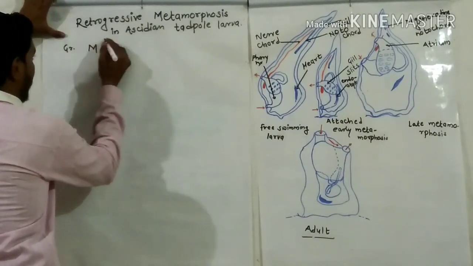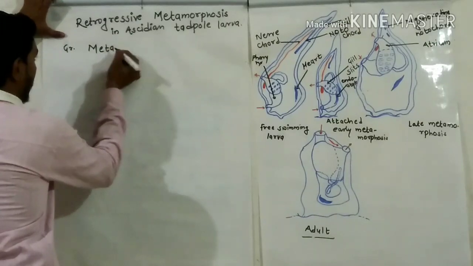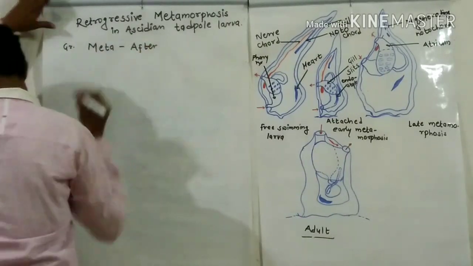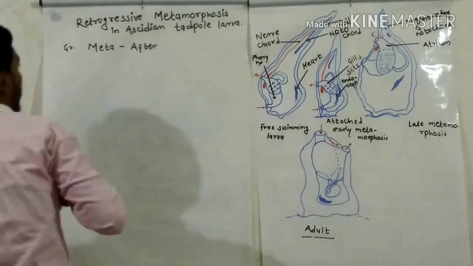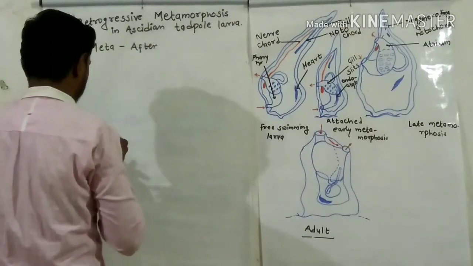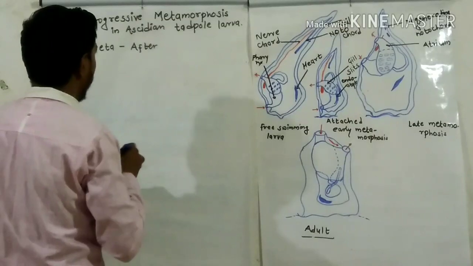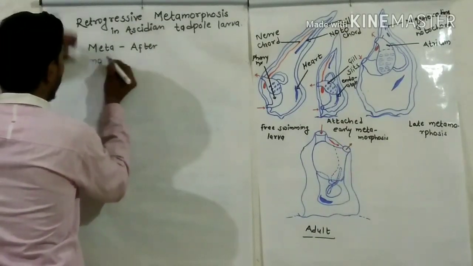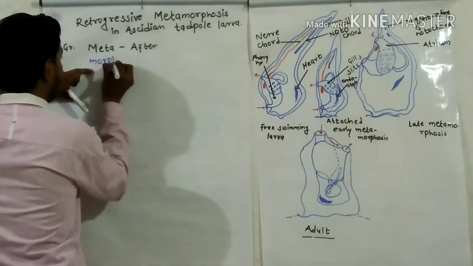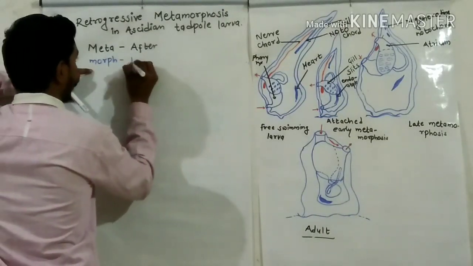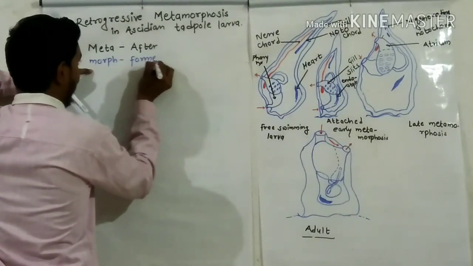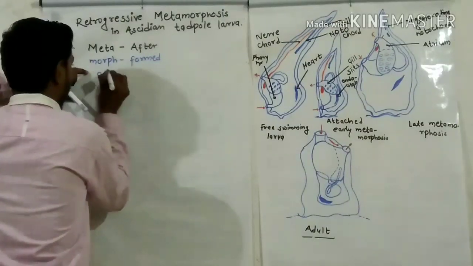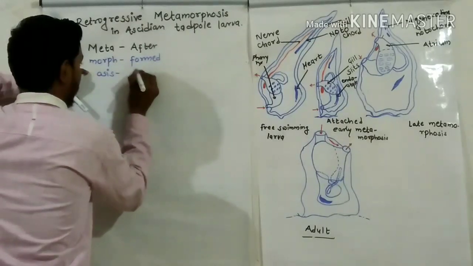And we will split it like that. Meta means after, morph means formed, and osis means state.